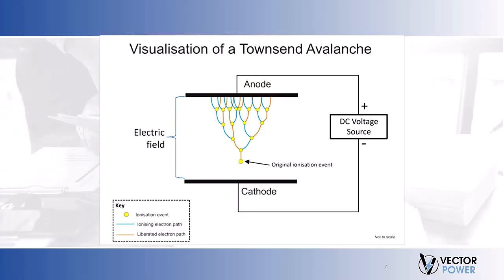Let's really understand the physics behind partial discharge. Partial discharge occurs as a Townsend discharge within a small cavity. This process involves gas ionization, where a small number of free electrons, when accelerated by a sufficiently strong electric field, will lead to electrical conduction through the gas due to avalanche multiplication.